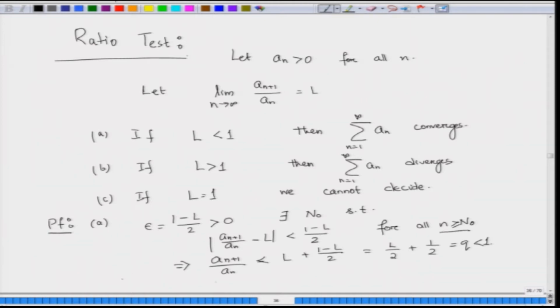Now, for n greater or equal to n sub naught, we have a n plus 1 less than q times a n.